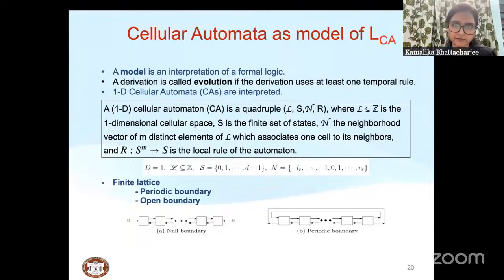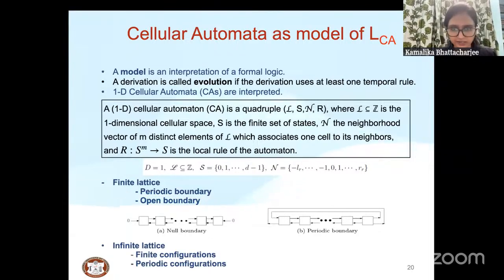In the case of cellular automata, we have two types of lattice: one is infinite and another is finite. In the case of finite, we have periodic boundary and open boundary. Periodic boundary means it is like a ring, and null boundary, which is an example of open boundary, is where we just terminate the cells, and at the terminating cell there are some fixed values. We can show that both cases can be models of the logic.